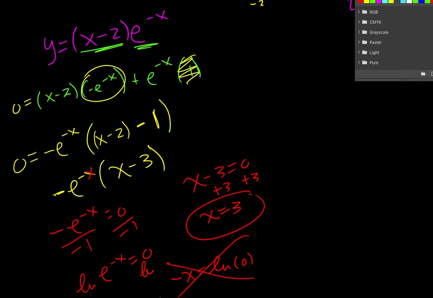And so we just throw this one out there. Okay. And so we just have the 3. And if we plug in, or sorry, this is the only place that we have the stationary point: x equals 3.